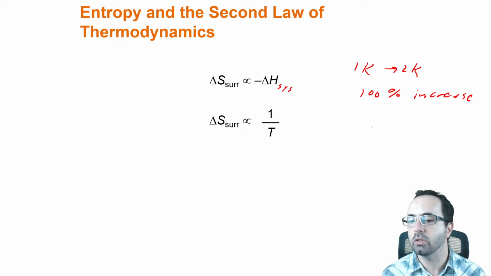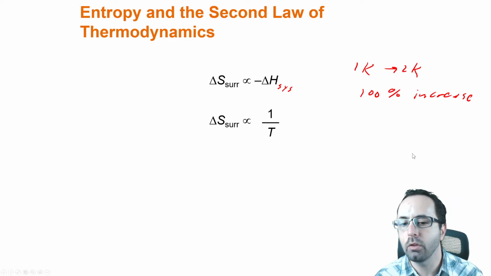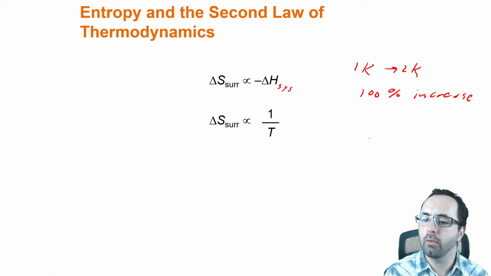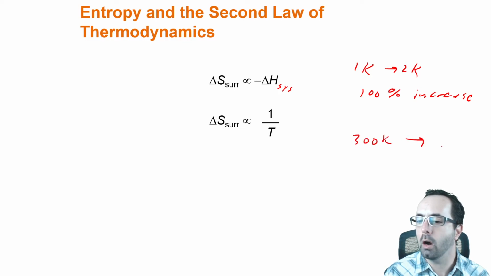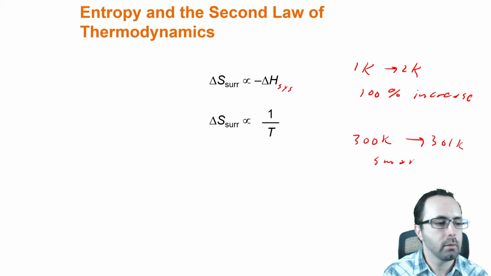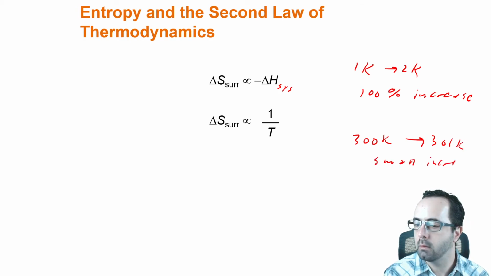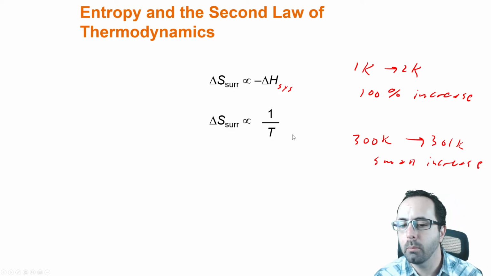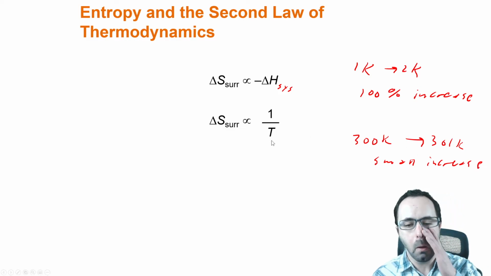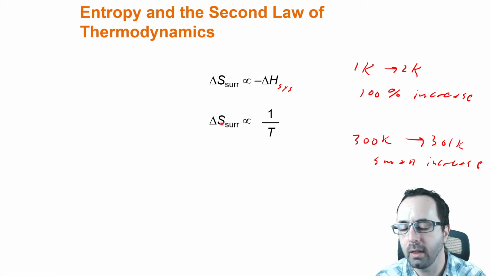So at very low temperatures, that's also a huge increase in entropy. At lower temperatures, you get a bigger increase in entropy. A 1 Kelvin temperature increase here is a huge increase in the temperature of the substance. Whereas if you're at, let's say, 300 Kelvin and you go up by 1 to 301 Kelvin, that's a small increase. So the lower the temperature is, the greater the impact an increase in temperature will have on the entropy.